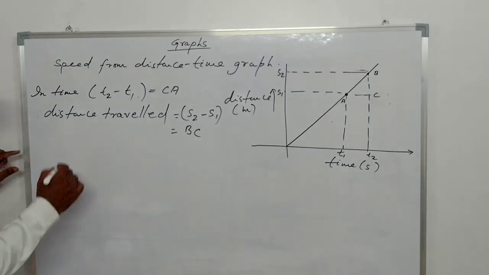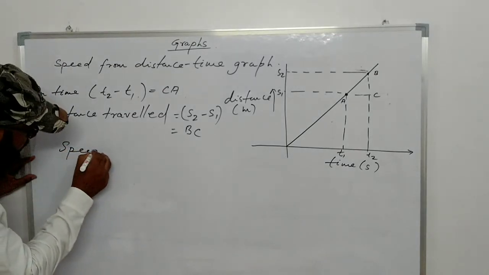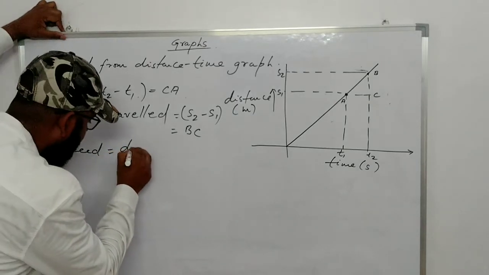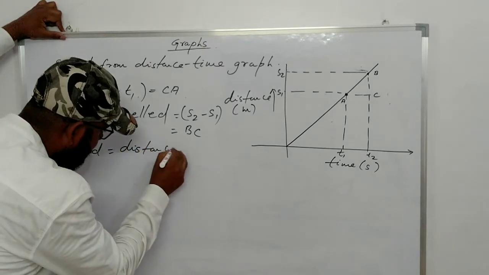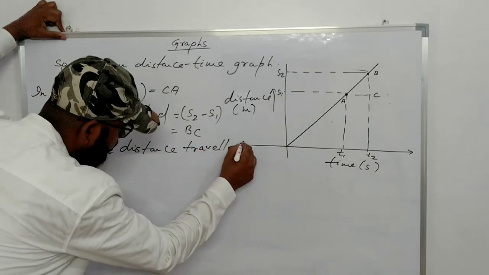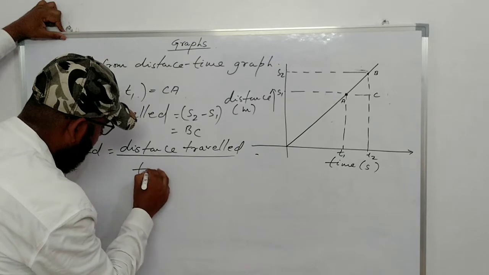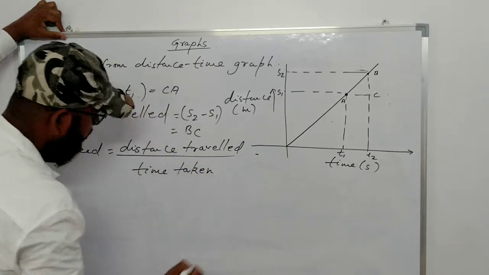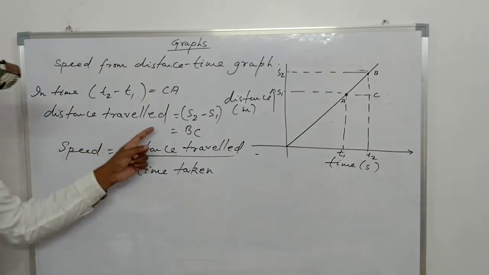Now what is the formula of speed? Speed is equal to distance traveled upon time taken. So what is distance travelled?